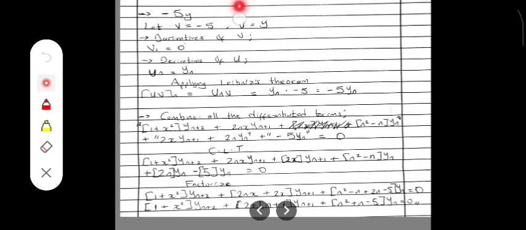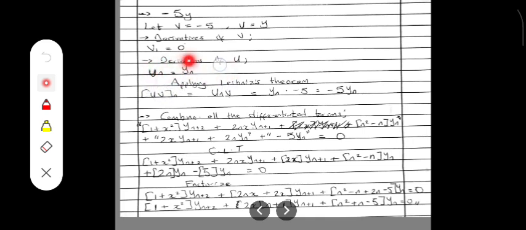And for our third term, we have minus 5y. So for this function, our v will be equal to minus 5, the constant, and u will be equal to y, which is the dependent variable. So writing out the derivative of v, our first derivative of v will eventually end up as 0, since v is equal to minus 5, which is a constant. So now we just need to get u subscript n also.